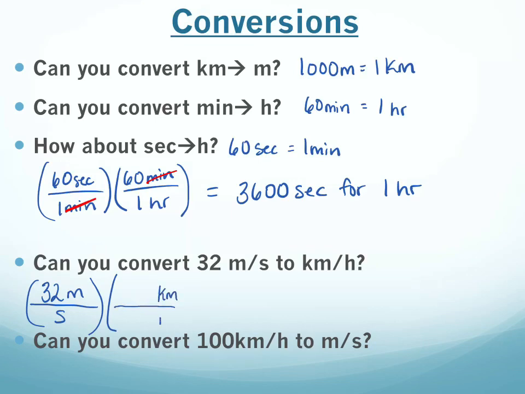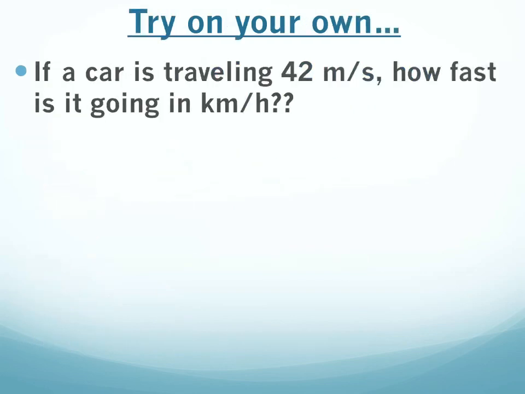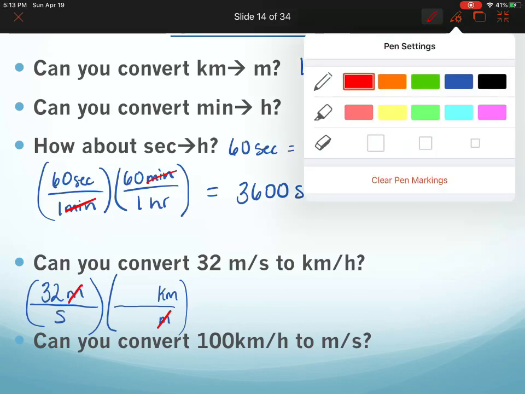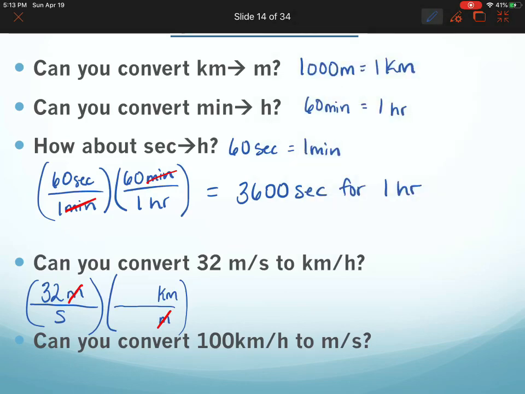Don't try to do both at the same time. I know that I want kilometers and I want to get rid of meters. So I'm going to put meters on the bottom of the fraction, kilometers on the top. Why? Because that means the meters are going to cancel out, and we'll be left with kilometers, which is really, really good. So we need the meters on opposite sides of the fraction.